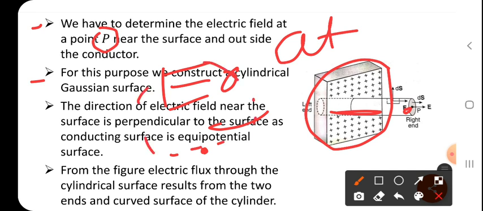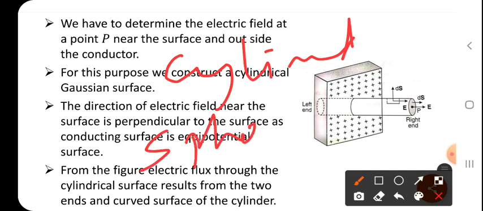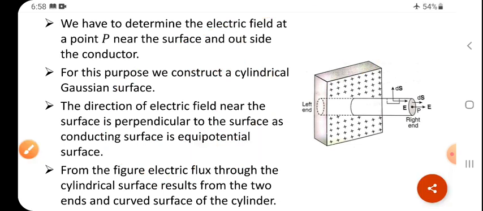That Gaussian surface must be a closed surface, friends. Don't forget that the closed surface may have either a cylindrical shape or a spherical shape, depending upon the substance we have taken.